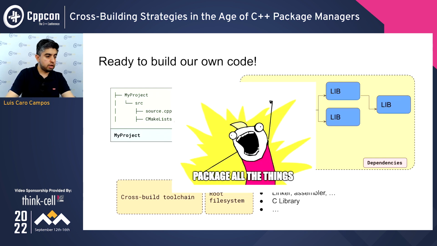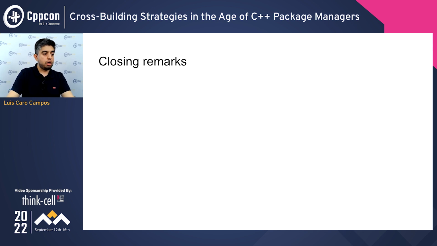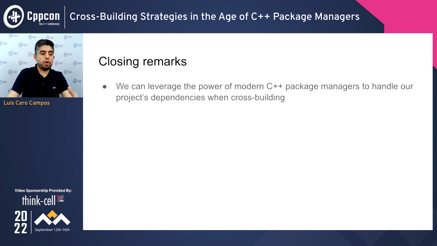And then as for closing remarks, as I mentioned, we can leverage the power of modern C++ package managers to inject and prepare the environment to build your dependencies, but also your project, in a way that you don't have to modify your project to support this, right? To me, that's very important.